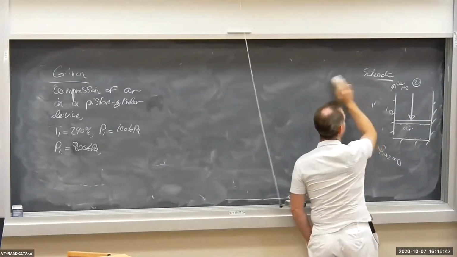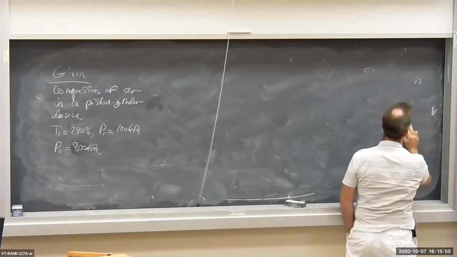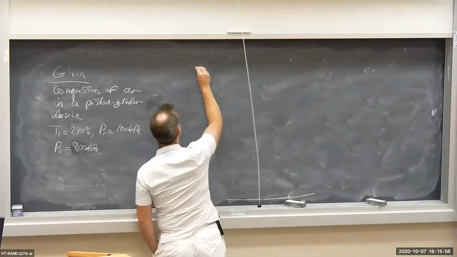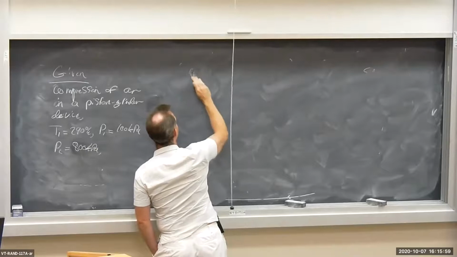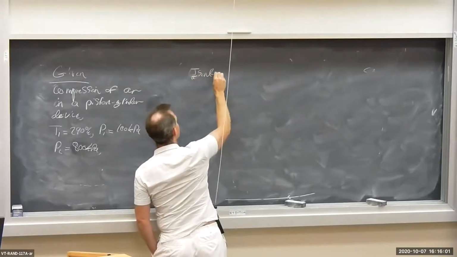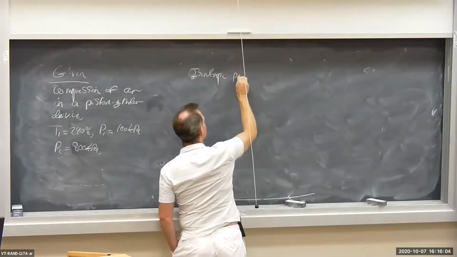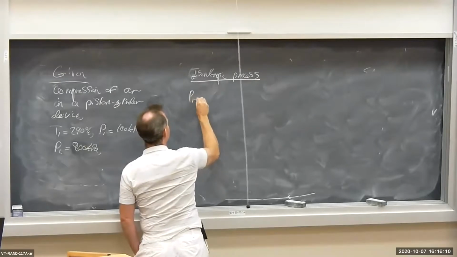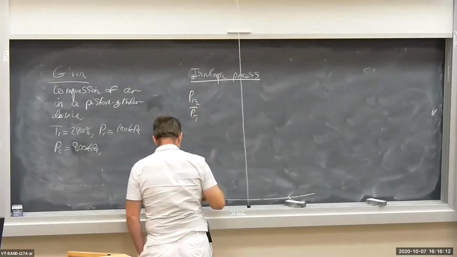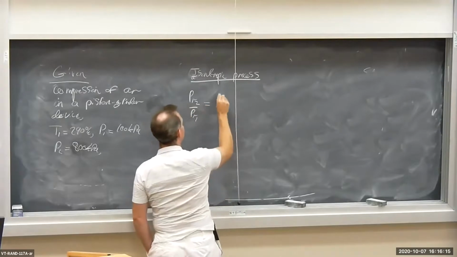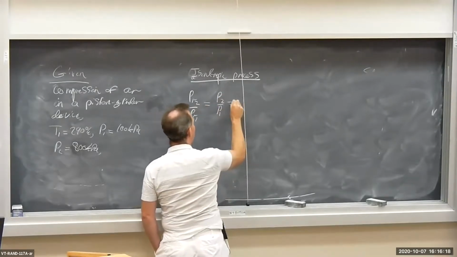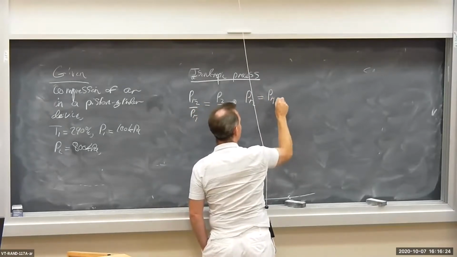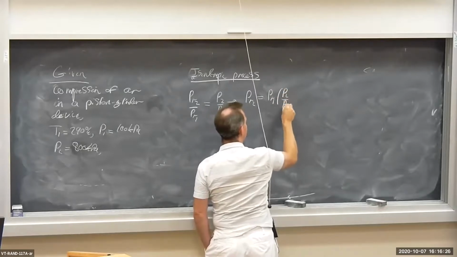I forgot to put no change in kinetic and potential energy on my assumptions. Please put it on yours. Okay, so variable specific heat. Recall, for an isentropic process, PR2 over PR1 is equal to P2 over P1, which implies PR2 is equal to PR1 times P2 over P1.